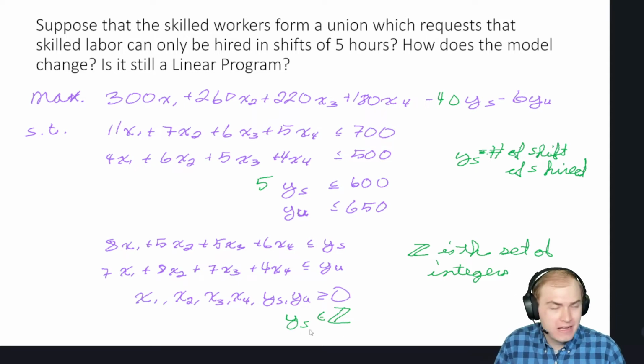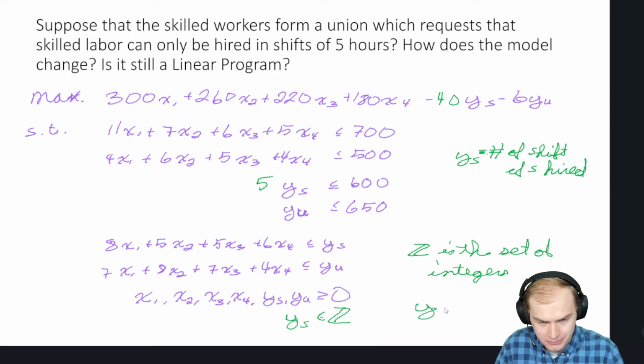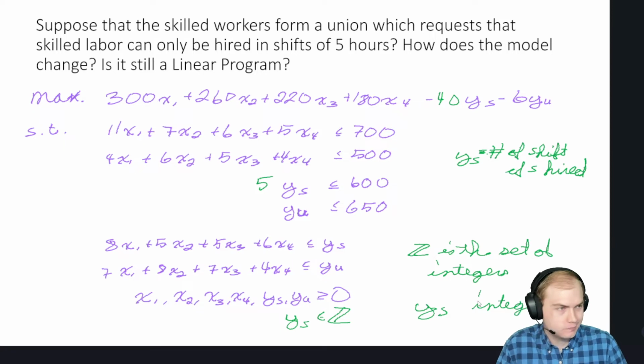I, being a math major, really love this notation because it's simple and short. I believe the book simply says ys integer. Both are totally valid, and I will accept either one.